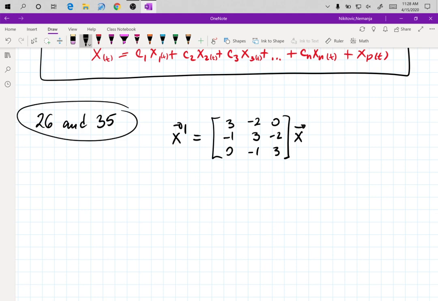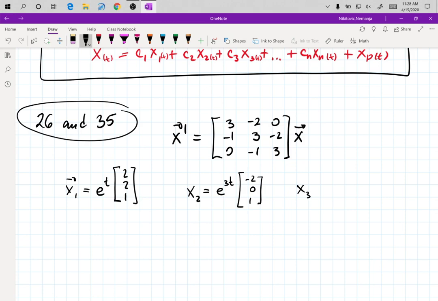They give us the three solutions, x1, and now this is given a little bit differently, so we'll discuss how this works: e to the t times 2, 2, 1. Then they give us solution x2, which is e to the 3t times negative 2, 0, and 1. And then they give us x3, which is e to the 5t times 2, negative 2, and 1.